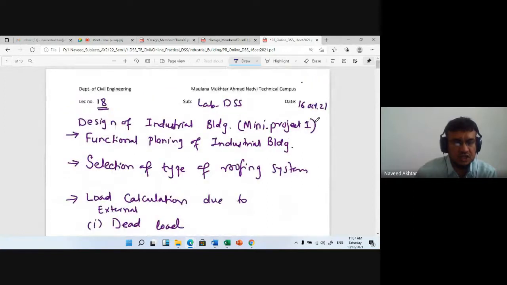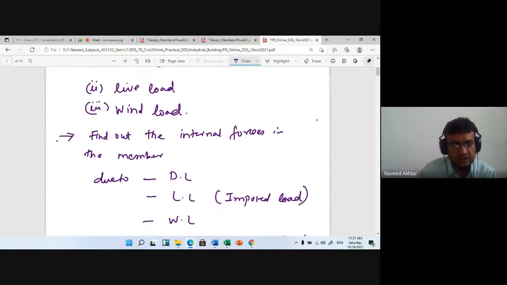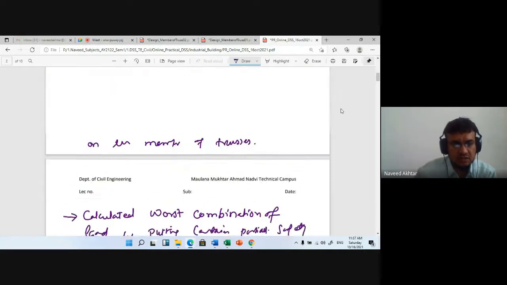So this functional planning we have finished. Roofing system we have finished. External load calculation we have finished. Internal forces for the industrial building we have also found out.